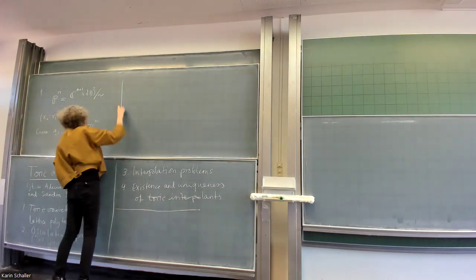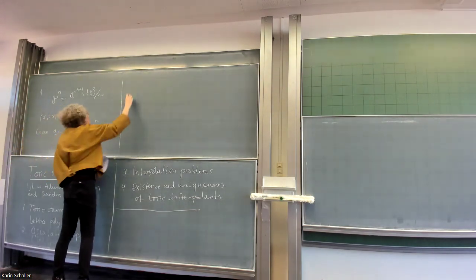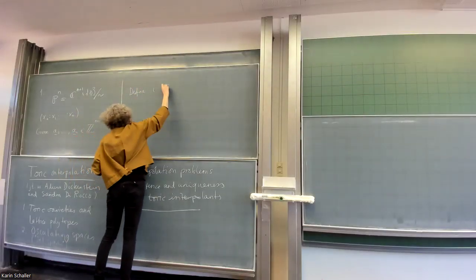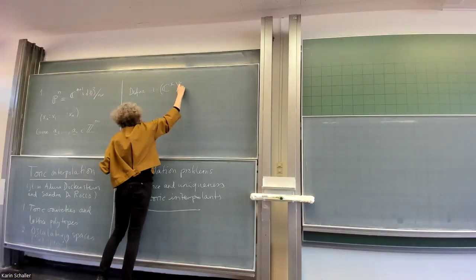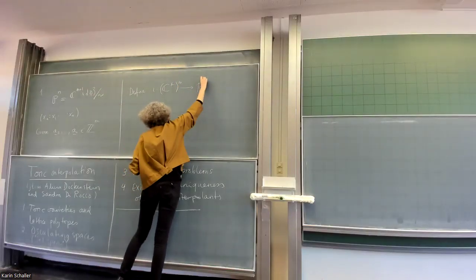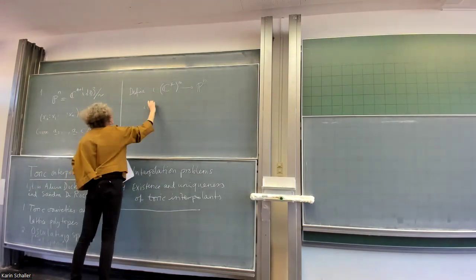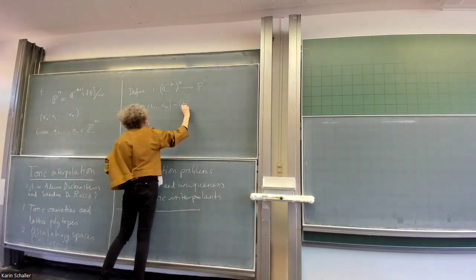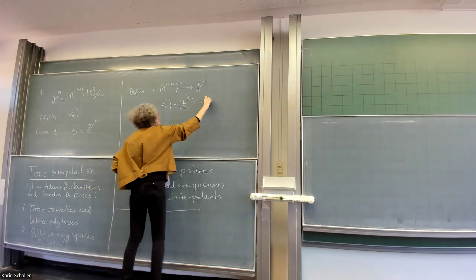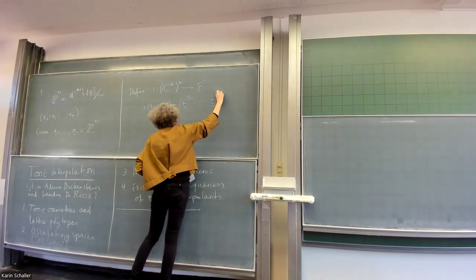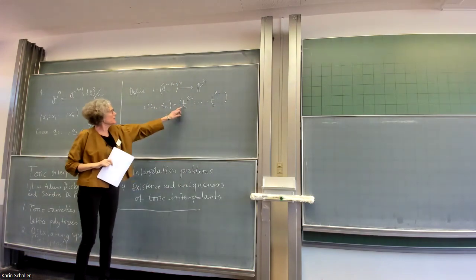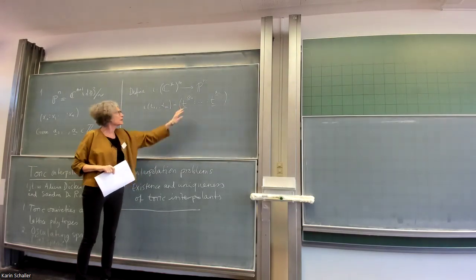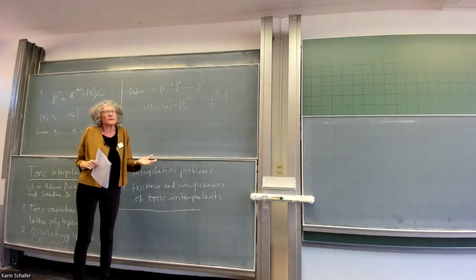And then I can define a map from the torus (C*)^m to P^n by sending an m-tuple (t1, ..., tm) to t^a0, ..., t^an, where t1 to the first exponent, then t2 to the second, etc. So these are just monomials. I'm just looking at the monomial map.